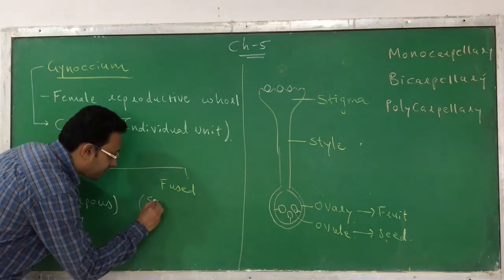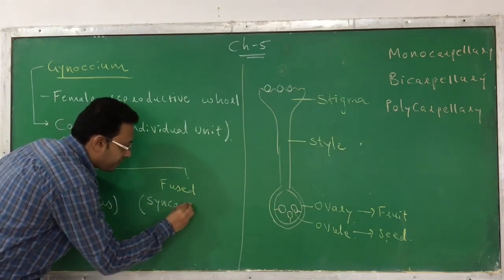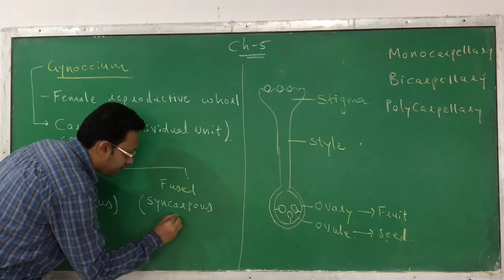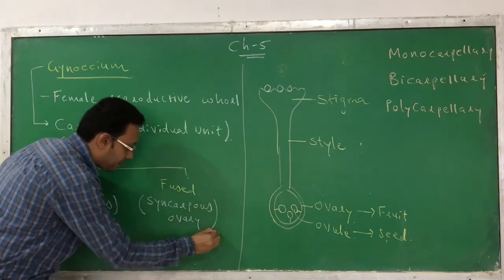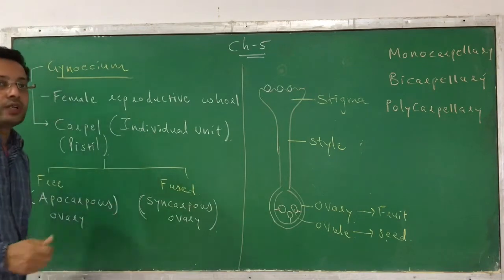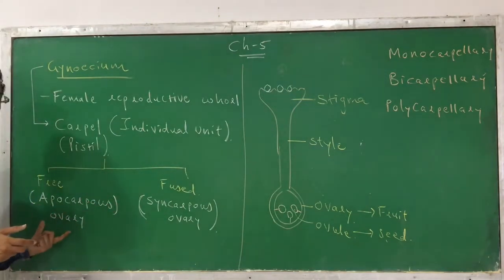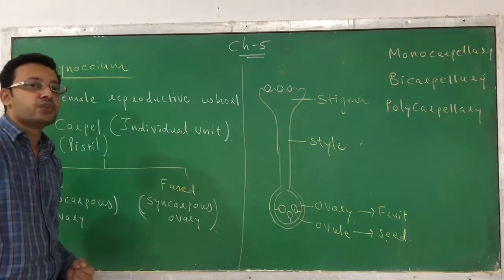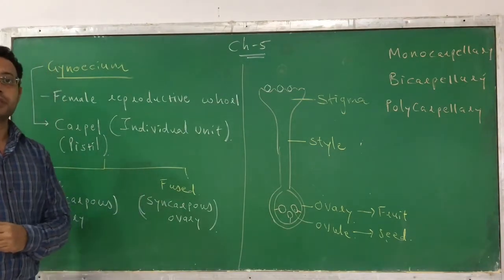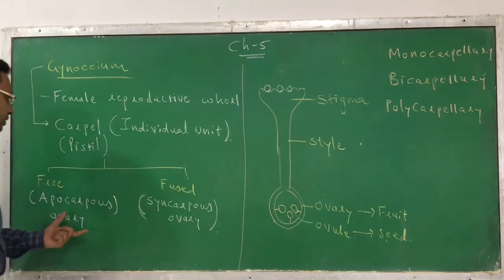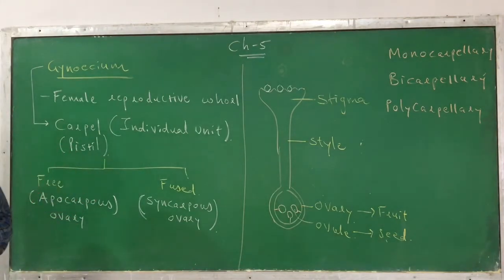If the carpels are fused, then we call it a syncarpous ovary. Clear? There are 2 types of ovary. Either the carpels are free, that we call apocarpous, or if they are fused, it's called syncarpous. So these are the components you can find in a carpel.